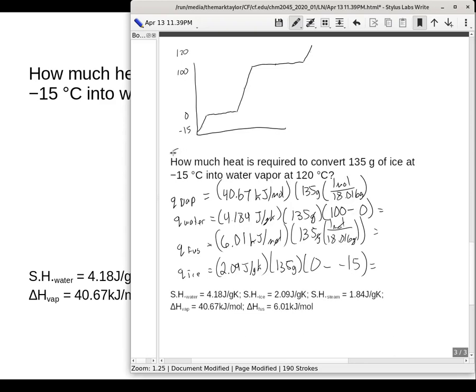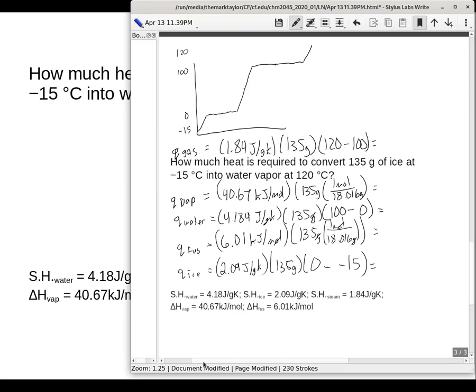And the last thing is for steam, or when water is a vapor. And I have a specific heat of 1.84 joules per gram Kelvin. The 135 grams, and the water goes up to 120 from 100 degrees.